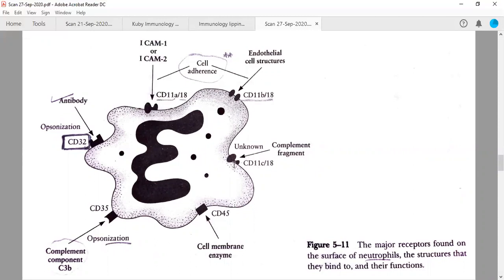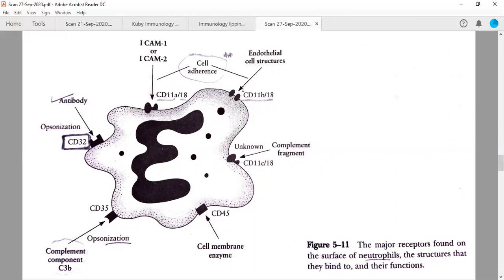So first of all, what is the CD? CD is cluster of differentiation. So major CD types are characteristic of any cell which are present over its surface. Any cell, we will recognize it with the help of its CD markers.